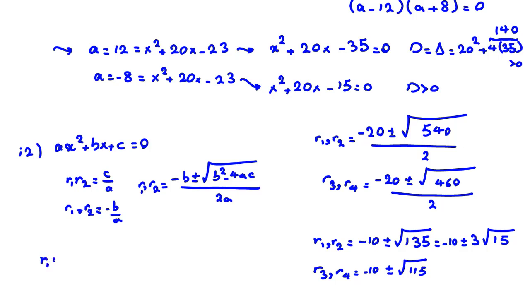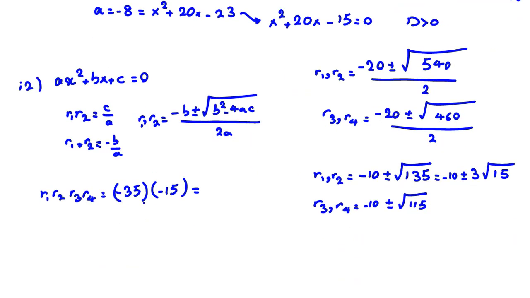So for r1, r2, r3, r4 by this formula, c over a: negative 35 times negative 15. So it will be 3 times 35 is 105, times 5, which will be 525.